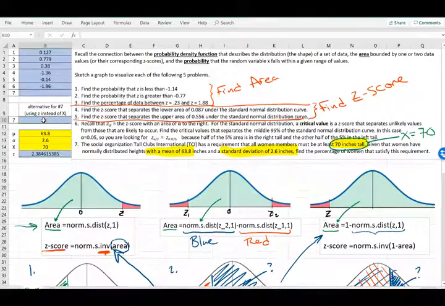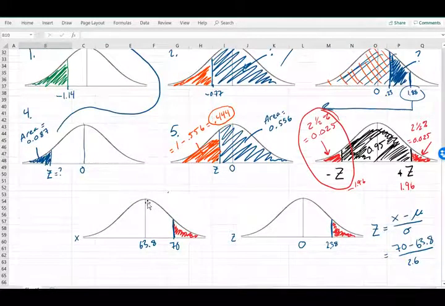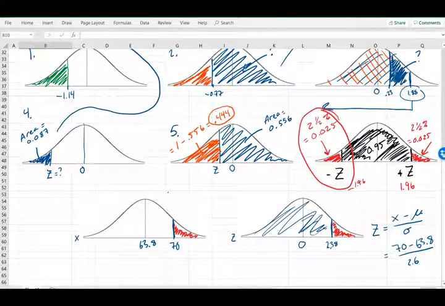Okay, so if we convert to a z-score, now we know we want the area to the right of this z-score, which again, just like problem 2, Excel could only use area to the left, so the area to the right is going to be equal to 1 minus the area to the left. So the red area should be 1 minus this blue area.